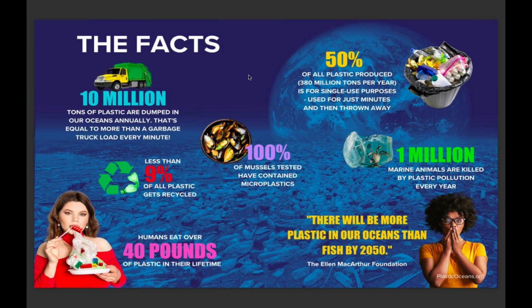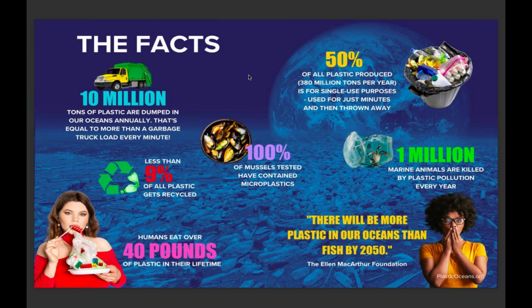Out of that, very little, less than 9 to 10% of the plastics, gets recycled. Either it goes into the landfill or it goes into the ocean. And the impact of this plastic is so huge that 100% of mussels that were tested were found to be contaminated with microplastics.